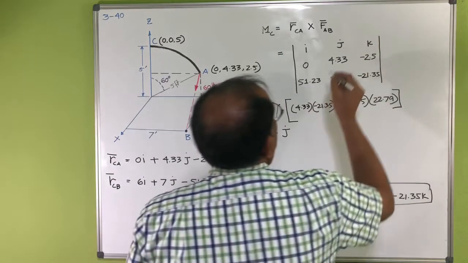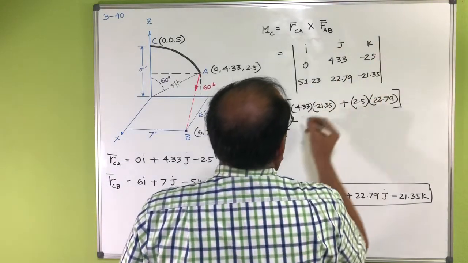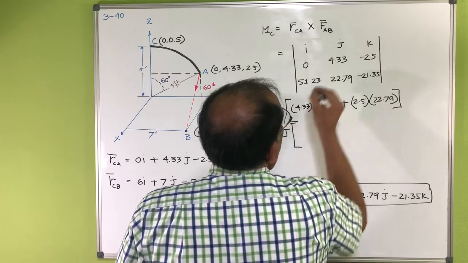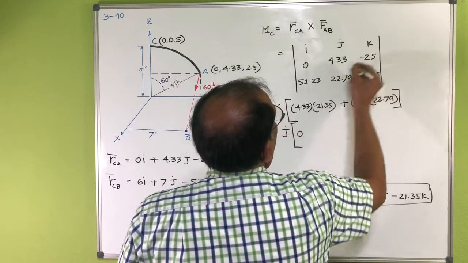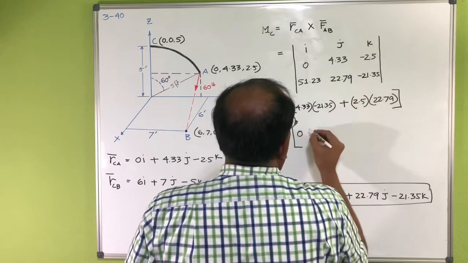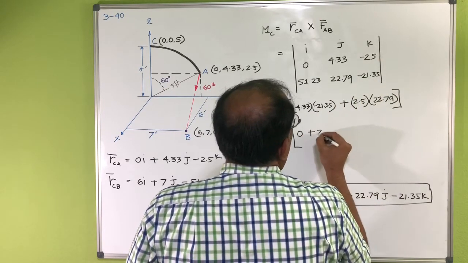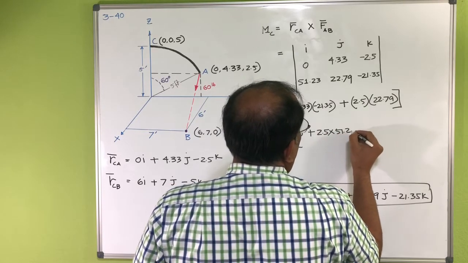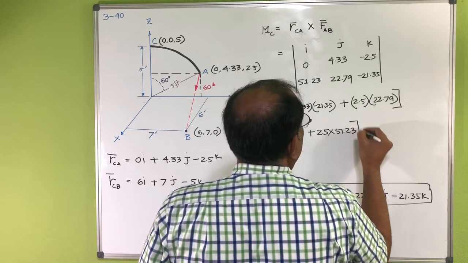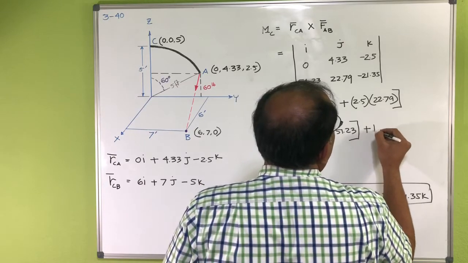And then you can just take this one and this one out. So 0 into this one, that's actually 0. And then minus this one, but there is a negative sign, so plus 2.5 into 51.23 plus k.